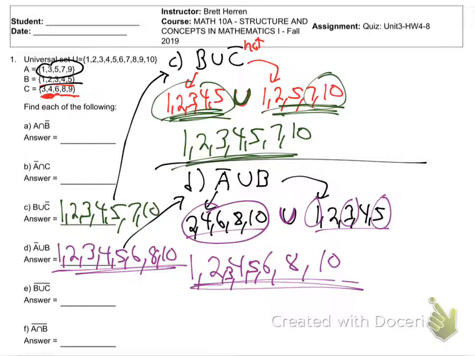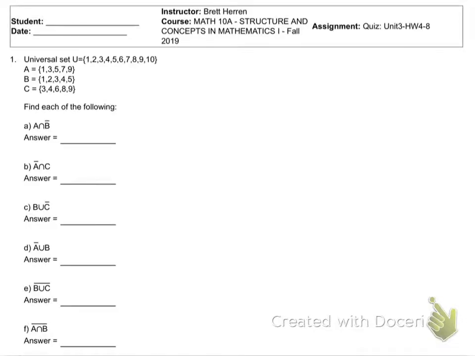All right, now finally we're going to do E and F, which have bars over the whole thing. So, I'm bringing E up here. So it's B union C, bar over the whole thing.